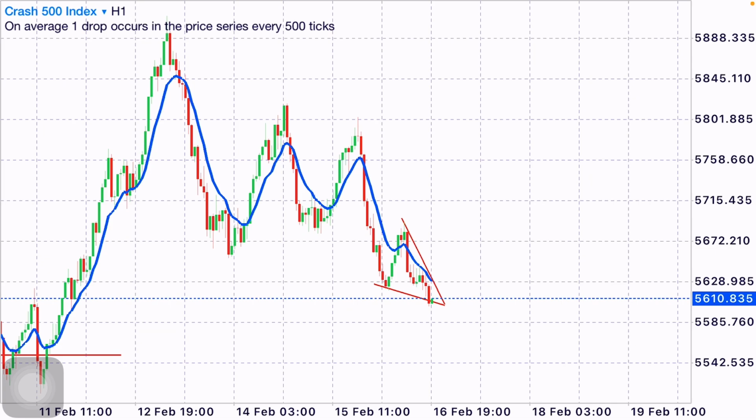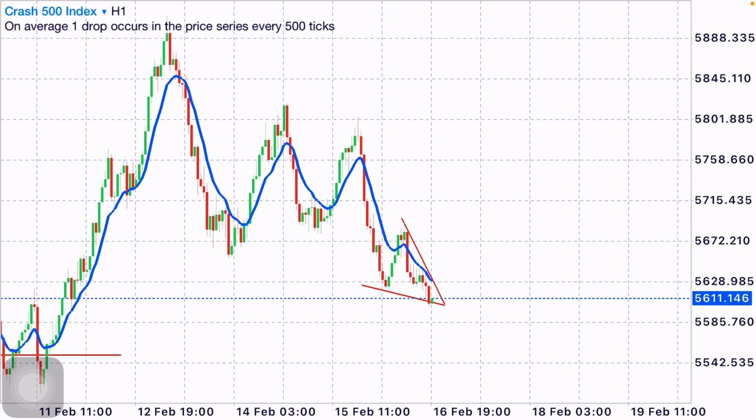Now if you look at this, you look at where it looks like a triangle. If you look at this place now, that's a resistance point, that's a support point, and this other edge that is touching on this side of the triangle is another support point.